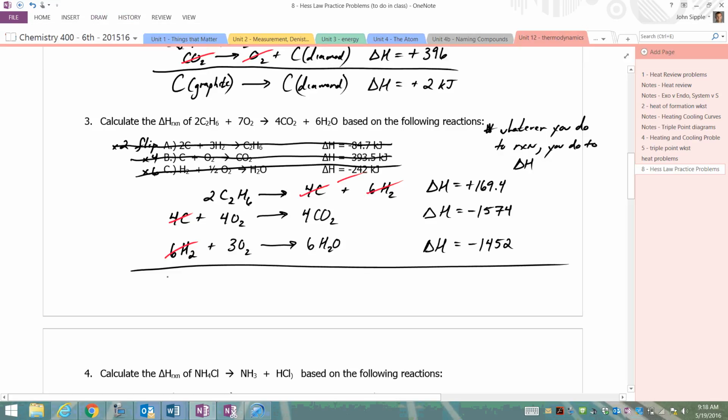So we end up with 2 C2H6 plus a total of 7 oxygens, 4 carbon dioxide, and 6 H2O. And what do we get for the total delta H? 856.6. That's kilojoules. There we go.